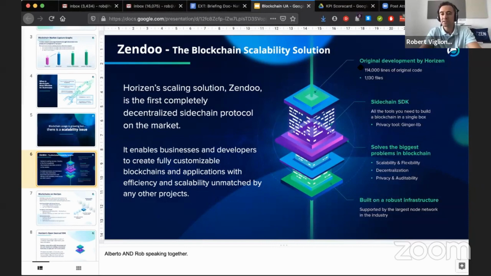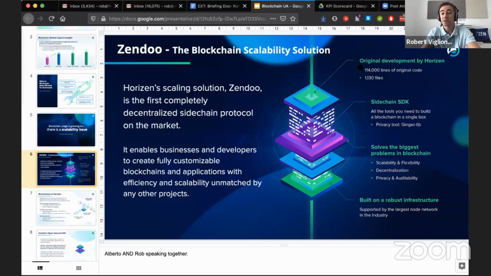So we envision an architecture that scales is one that doesn't try to have one blockchain that does everything, but has a blockchain environment that has, say, a central point of validation or truth, but is completely decentralized in its implementation, decentralized in its rule set, decentralized in its infrastructure, and importantly, completely permissionless in the sense that anyone can start building on the application layer without having to focus on the underlying blockchain elements in terms of consensus, network layer, and so forth. So our solution, Zendoo, is something we've built totally from scratch and just released.